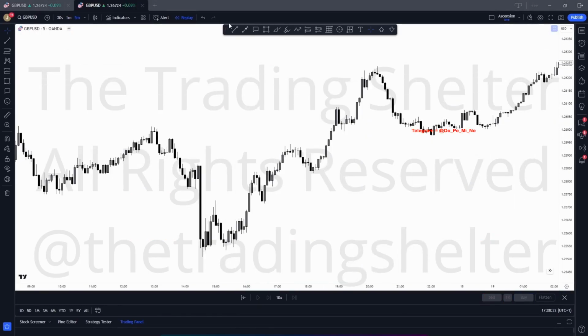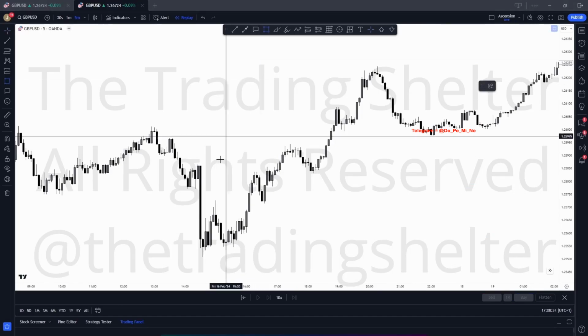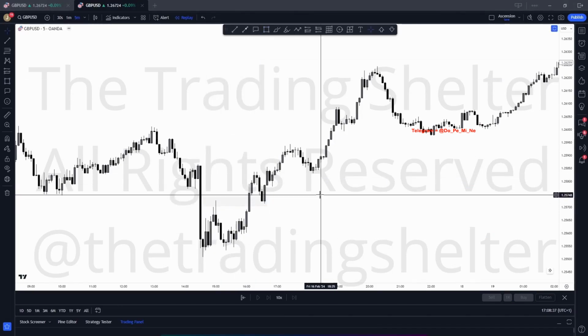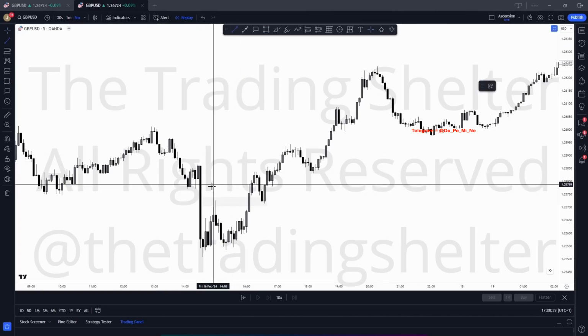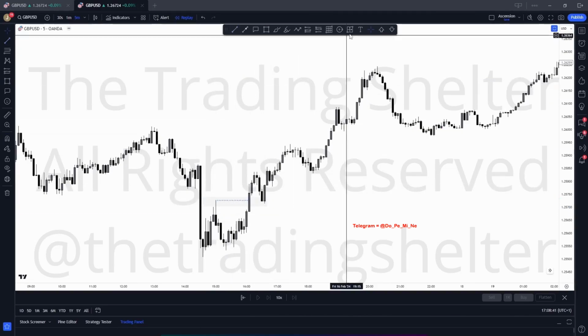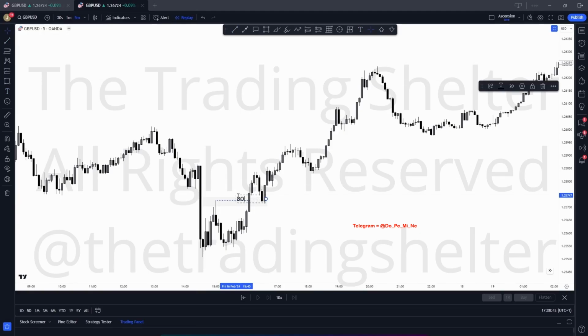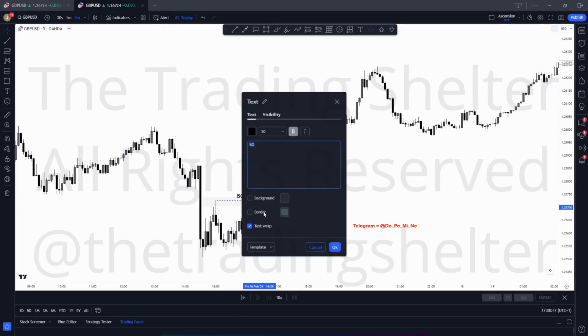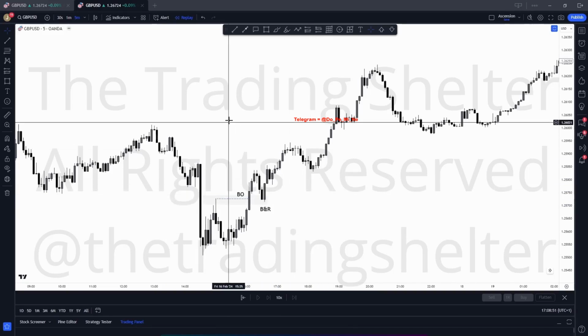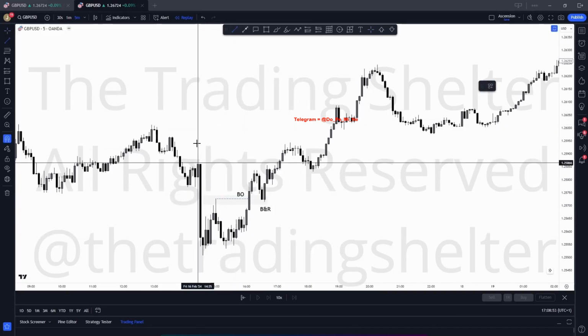Now, let's give you another example. Same thing here. Break and retest here, entering here. We also have breakout traders entering here. Breakout traders entering here. Break and retest traders entering here, right? Same thing here.